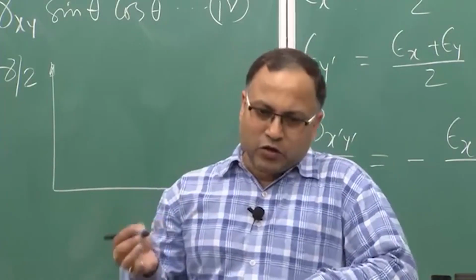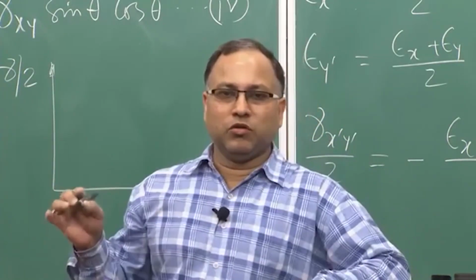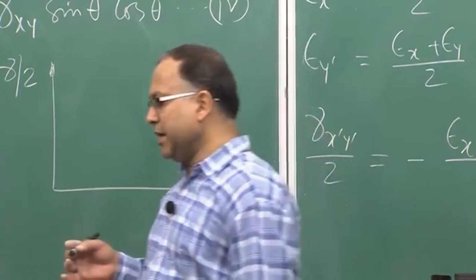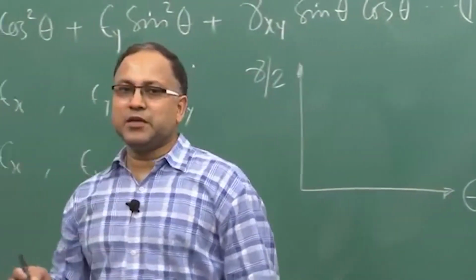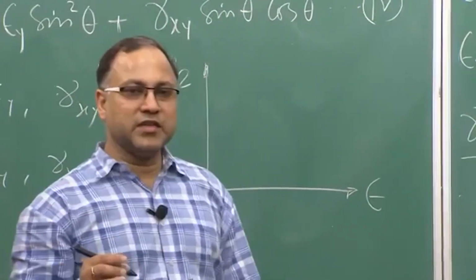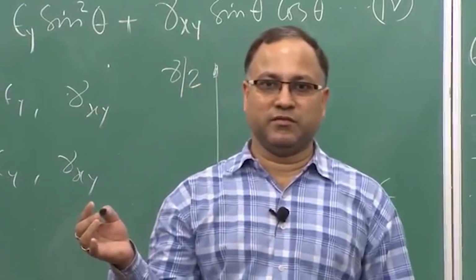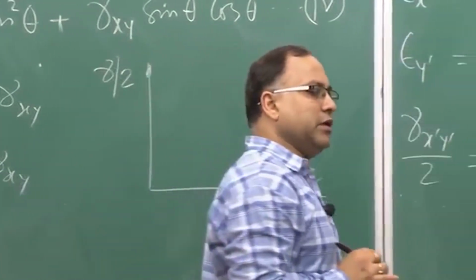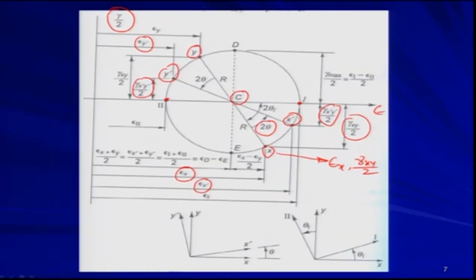That also we can prove, though I am not going to prove it again. So, principal stress is associated with principal strain. Point 1 gives you the major principal strain, and point 2 gives you the minor principal strain.